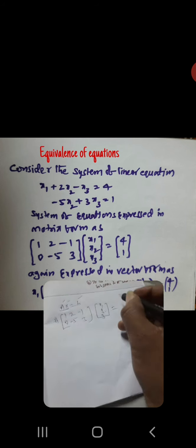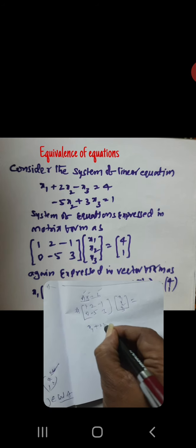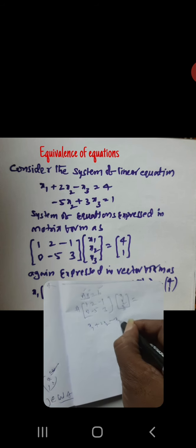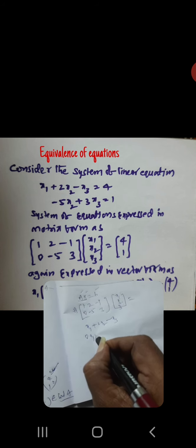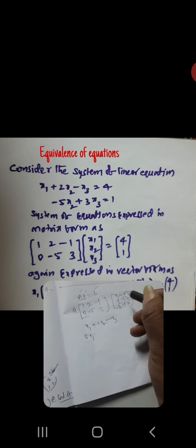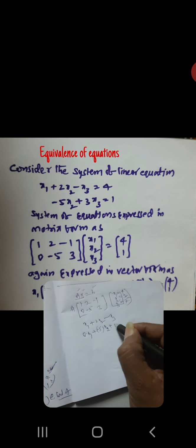Multiply this: x1 plus 2x2 minus x3, and 0 into x1 plus minus 5 into x2 plus 3 into x3.